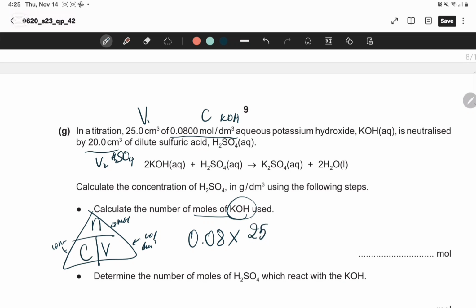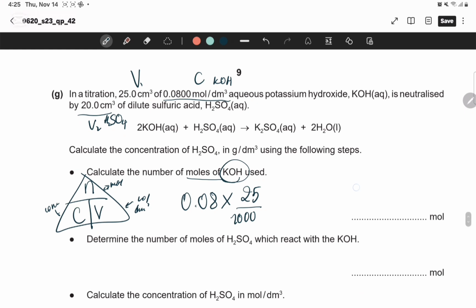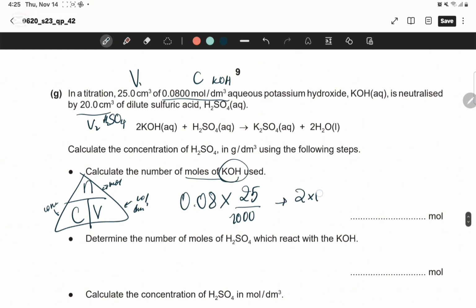Can we keep it in centimeters cubed, or do we have to turn it into decimeters cubed? We have to turn it into decimeters cubed. So divide by 1000, and then you're going to get 2 times 10 to the power of negative 3, or you can say 0.002.